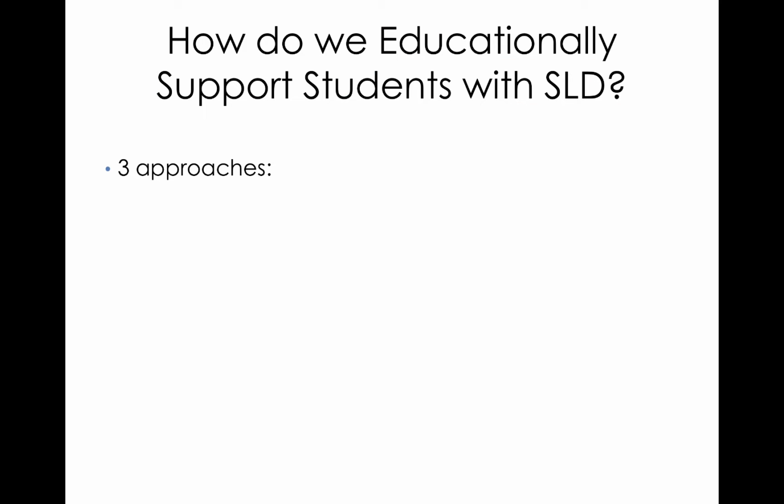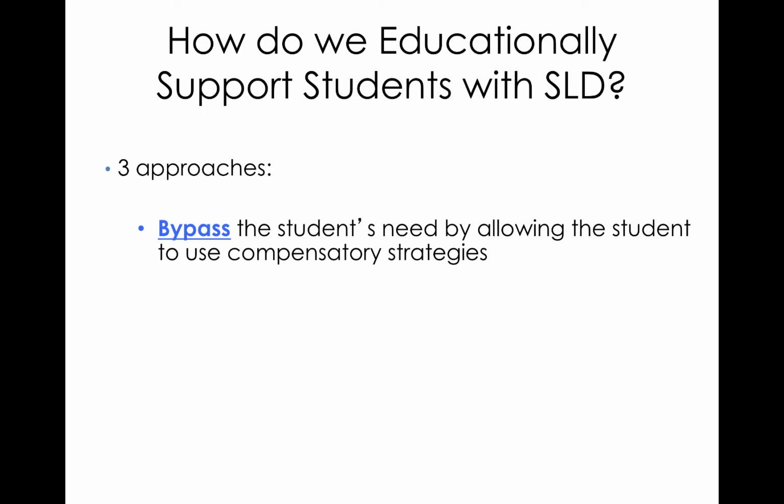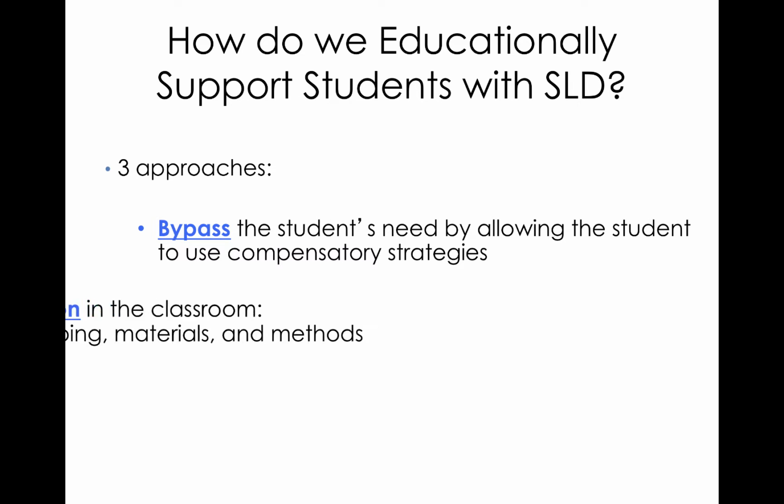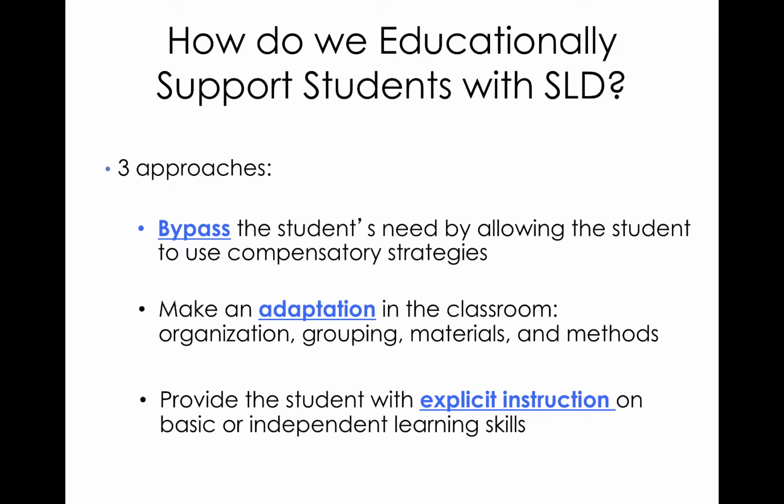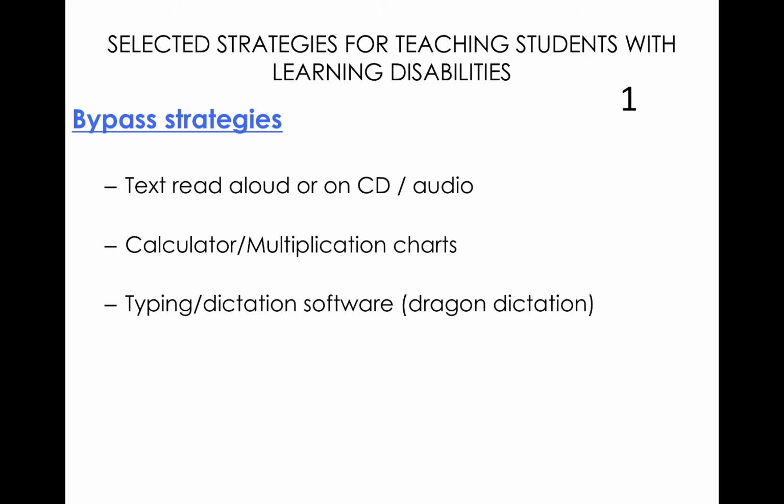So last time we left off with supporting our students with specific learning disabilities. And when we're looking at this, there are three approaches. The first one is to provide them with a bypass strategy. The second is to make an adaptation to the classroom environment, and lastly, to provide them with explicit instruction.